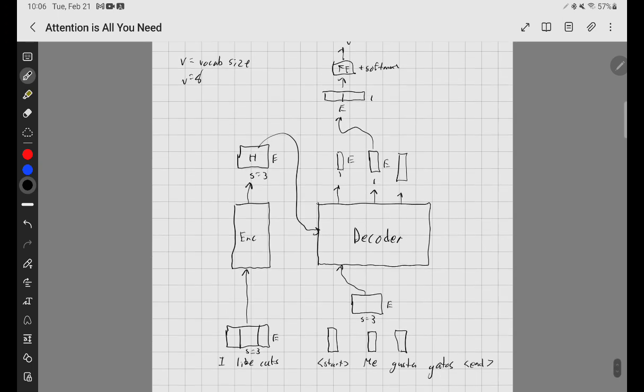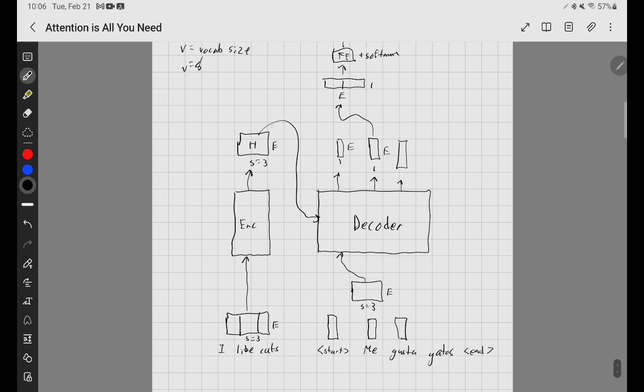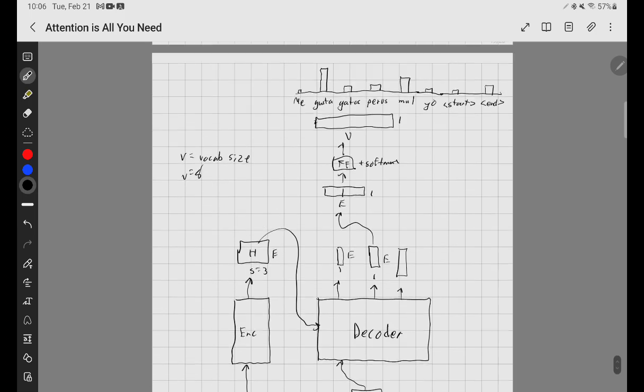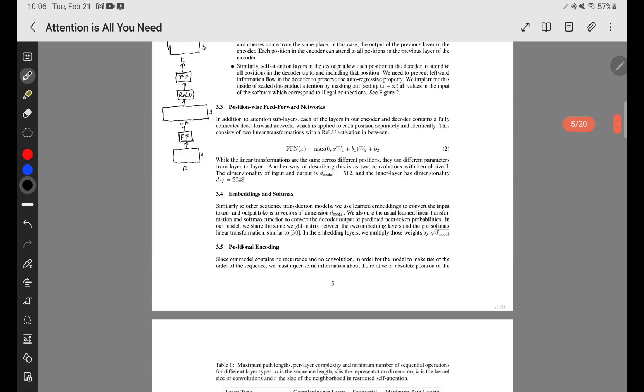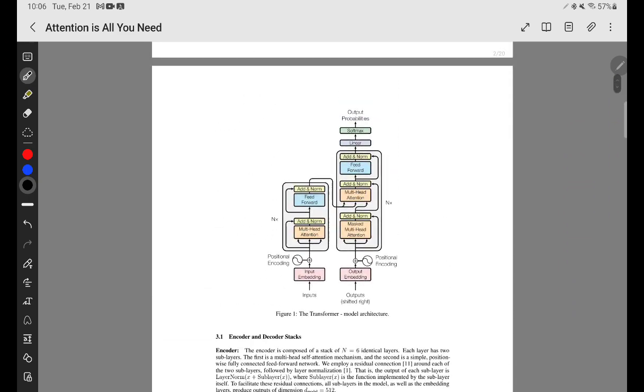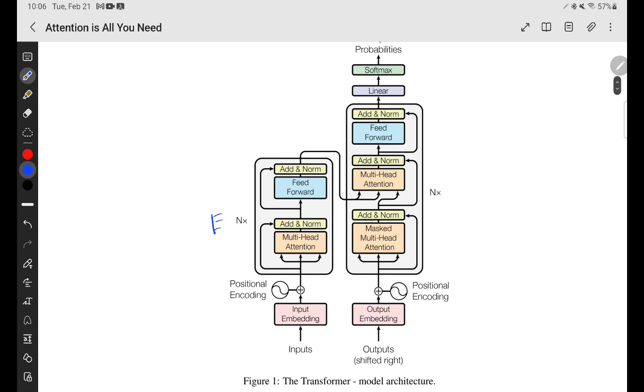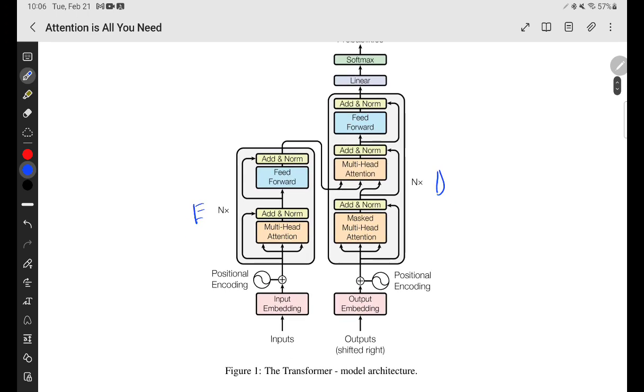And remember, it has information of this hidden state, which is a representation of I like cats. And that's how the encoder-decoder style works. And that's what they have up here. So this is the encoder on the left, and this is the decoder.